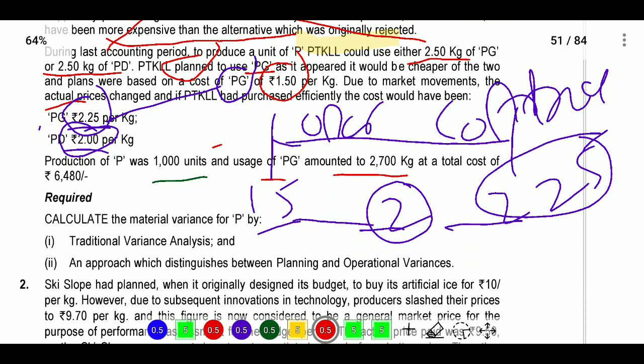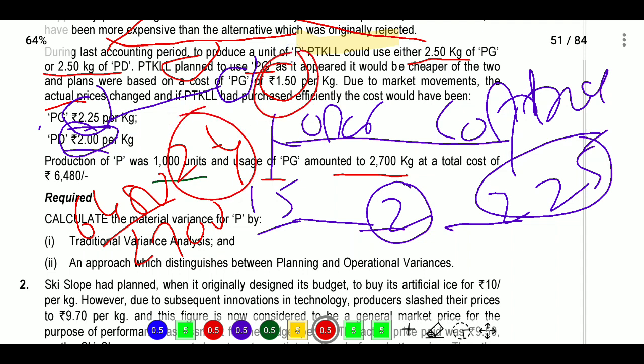So 6480 divided by 2700, how much will it become? The cost will be 2.4 rupees. Here budgeted was 1.5, but we actually purchased at 2.4. So 1.5 minus 2.4 is the price variance.